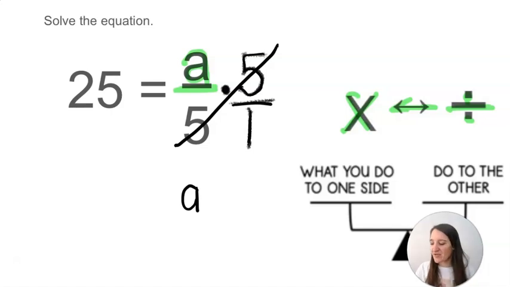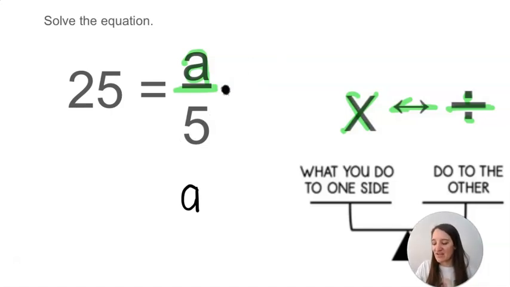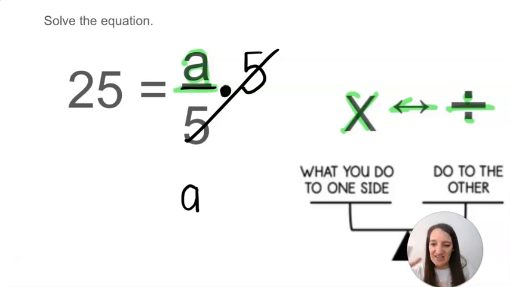Okay, now that I kind of showed you why it works, you can just multiply by 5 and just know that those will cancel out. Because here's divide, here's multiply, they're opposites, they're going to cancel each other out, and that 5 is going to be gone.